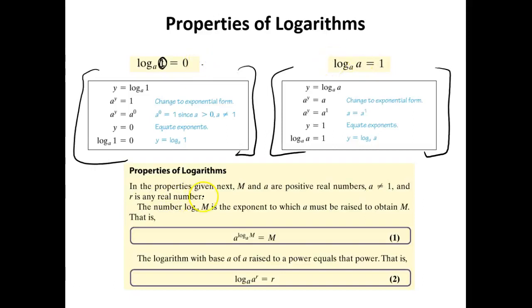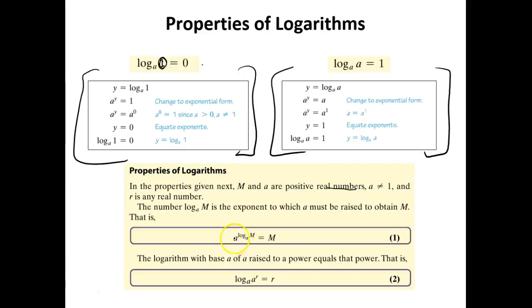So in the properties given next, m and a are positive real numbers, and a cannot equal 1. r is any real number. The number log base a of m is the exponent to which a must be raised to obtain m. All that is there to show you the necessary requirements, but as long as those are met, which they usually are, it's saying if you have a base raised to a log with that same base, logs are inverses.